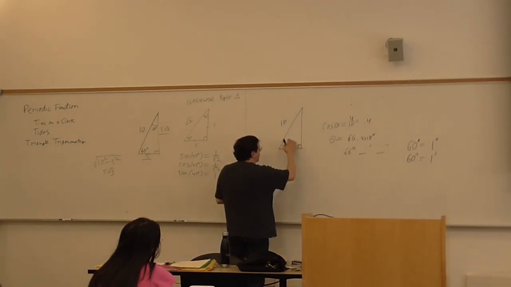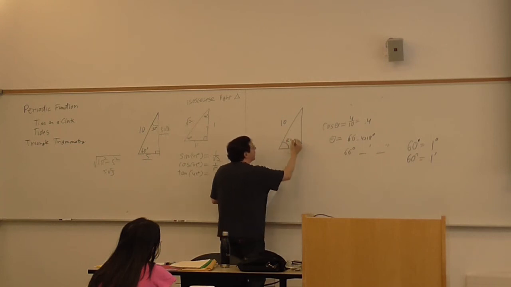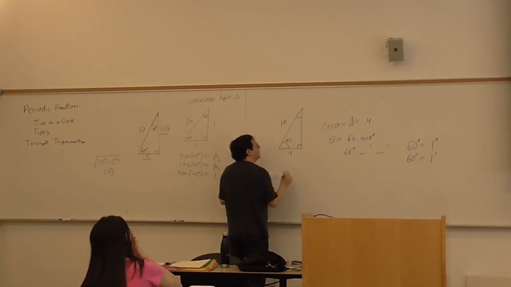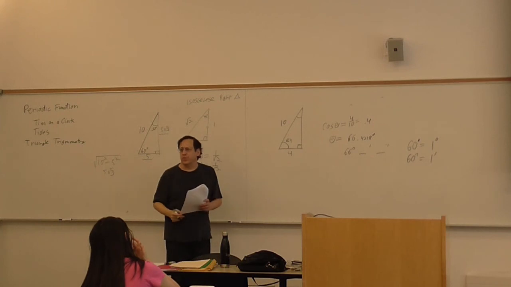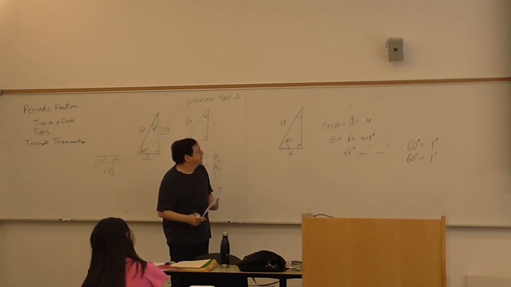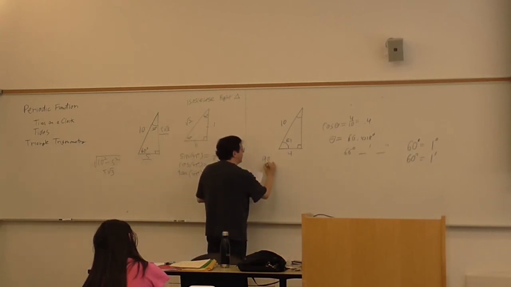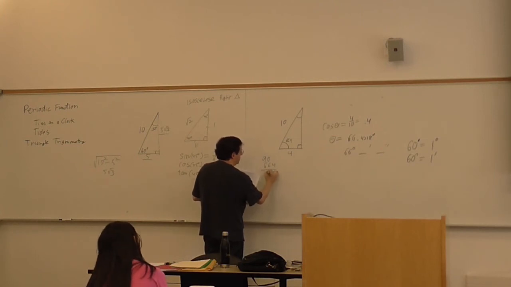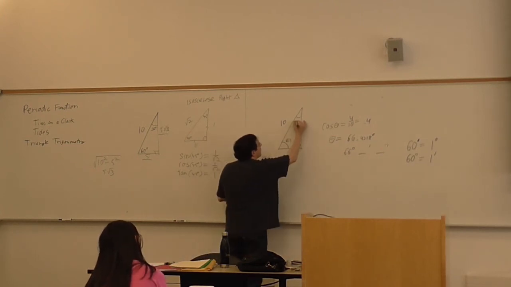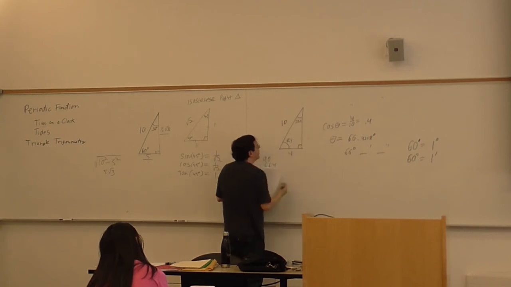Okay, so I know this angle. We're just going to say, let's just say 66.4 for now. That tells me this angle also, right? Because they're complementary. 90 minus 66.4 is 23.6.